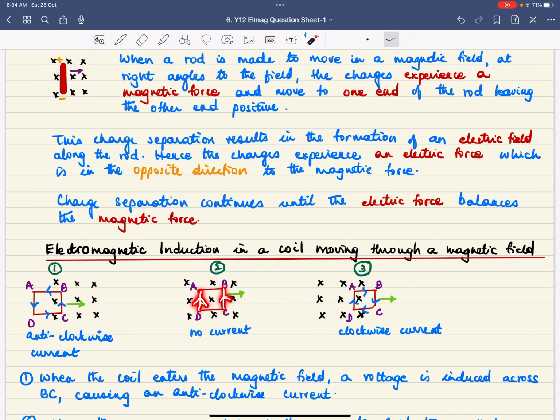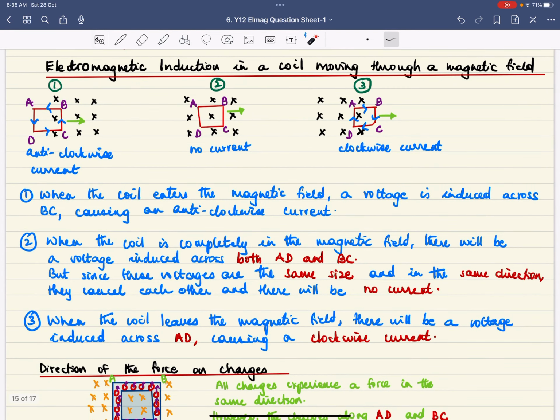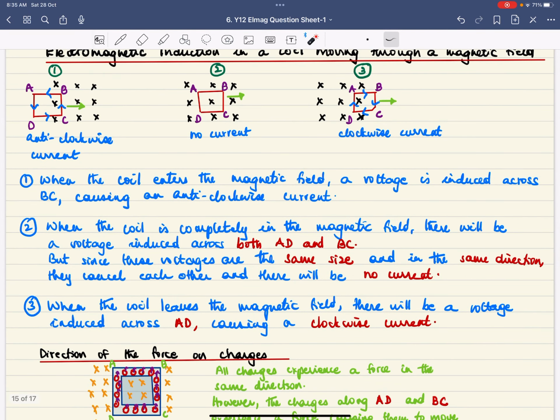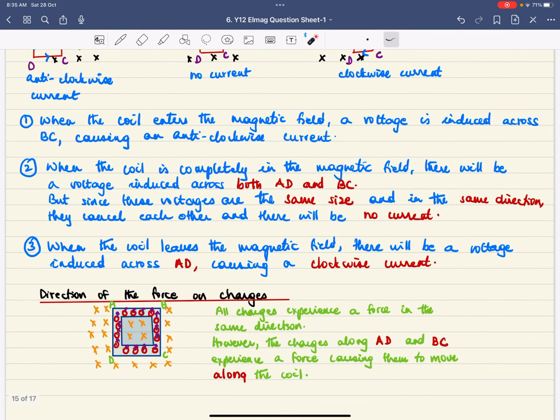These are in opposite directions, so they cancel each other and there is no current. When the loop is leaving the field, there will be a voltage induced across AD, and when you use your left-hand slap rule, you get this direction, and the electrons are pushed along the wire and you get a clockwise current. These are the notes on what I have just explained about the three situations.